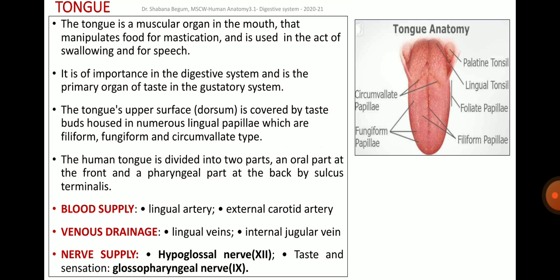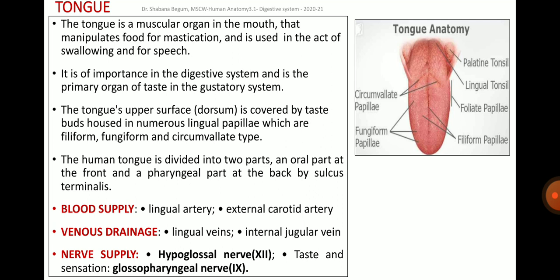The tongue's upper surface, that is the dorsum, also called the dorsal surface, is covered over by taste buds housed in numerous lingual papillae which are filiform, fungiform and circumvallate.